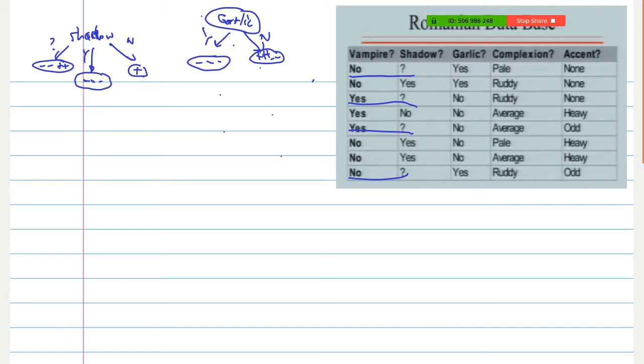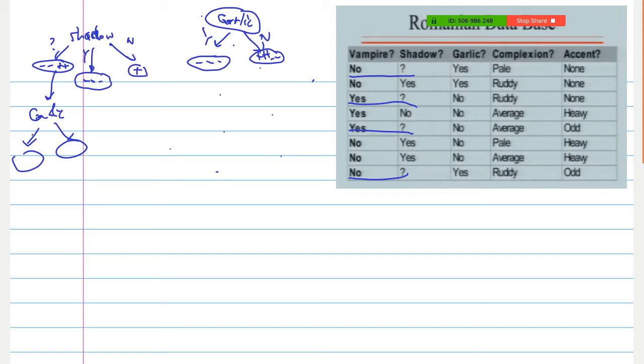For example, for the shadow test, if we trust all this data here, then we can say, as long as it has a shadow, it will be negative. Then I will just stop there. We don't need more tests. But if after the shadow test the outcome is this question mark here, we need more tests. Maybe we go for a garlic test here, and then I make the decision.